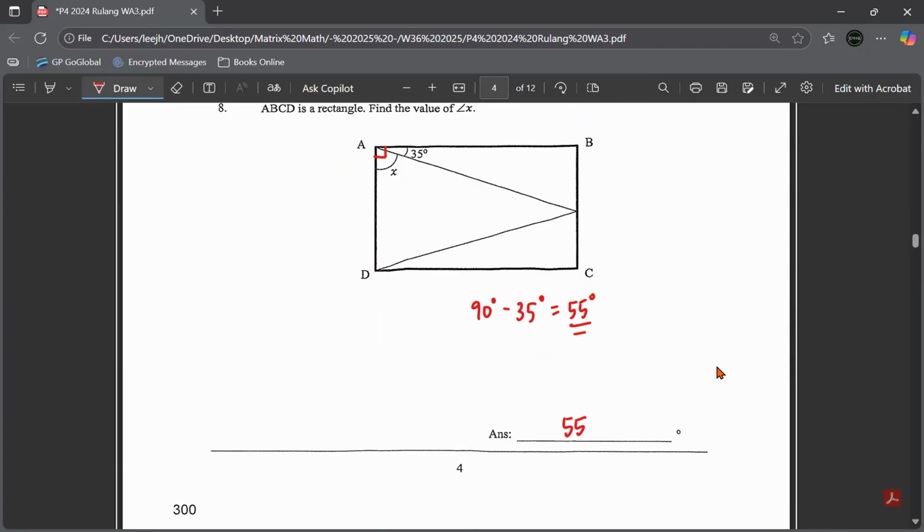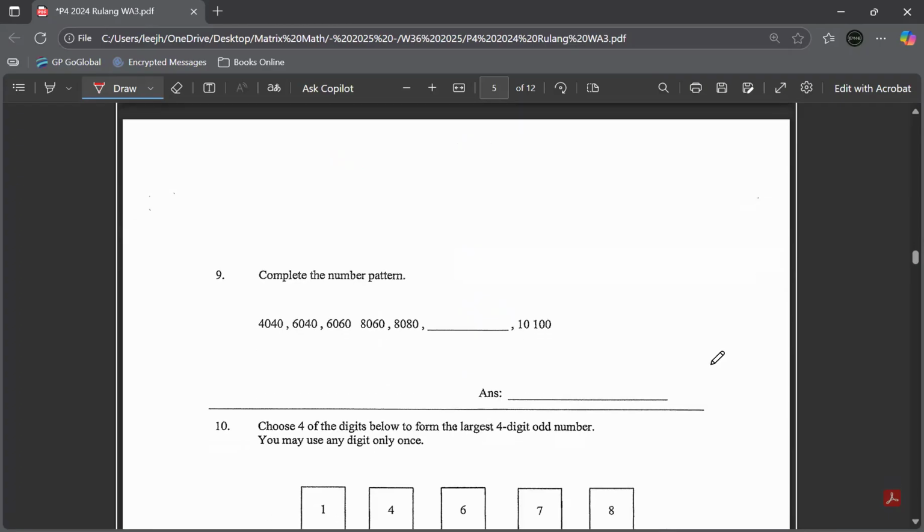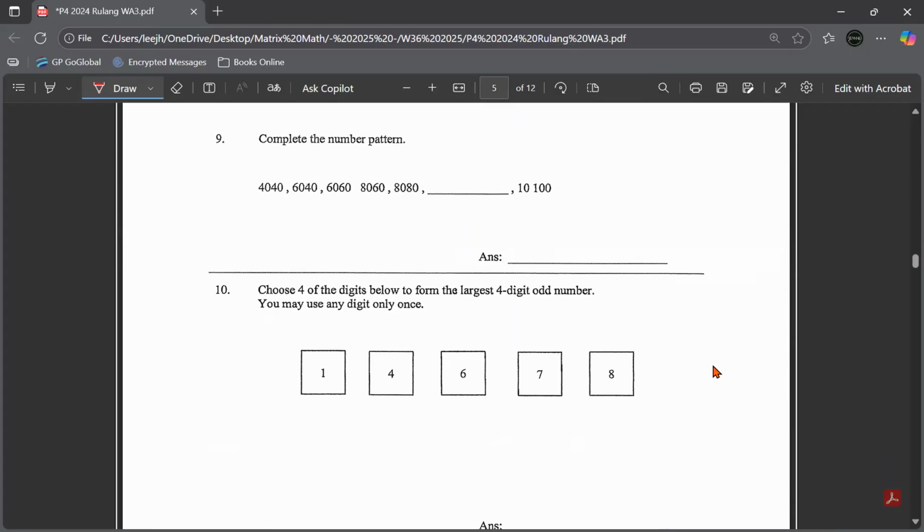Okay. Question 9. Complete the number pattern. So if you look at this number pattern, you can see from 4,040, it goes to 6,040, an increase of 2,000. But 6,040 go to 6,060 is an increase of just 20.